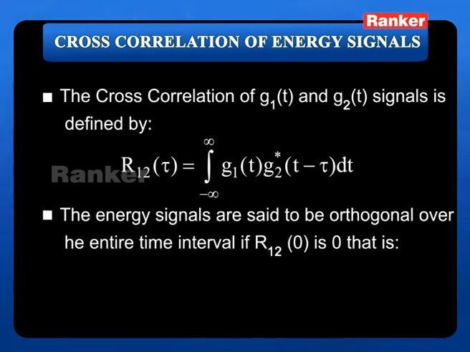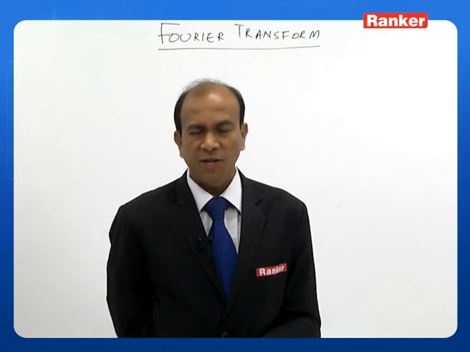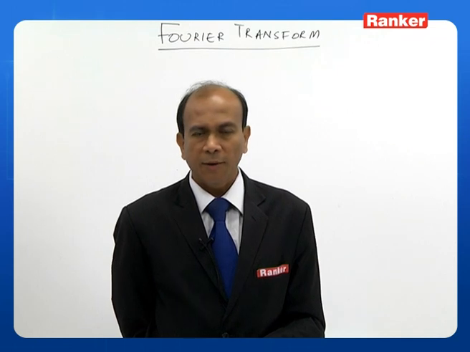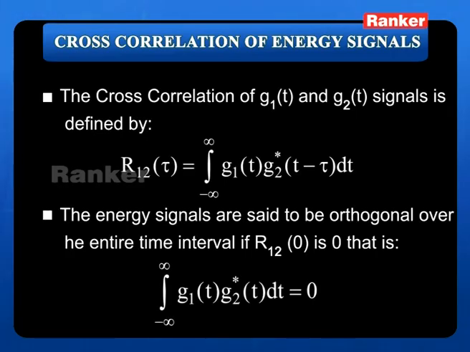Now, two energy signals are said to be orthogonal over the entire time interval if R12 of 0 is 0. That is, the cross correlation function is 0 at tau equal to 0, then they are said to be orthogonal. That means the integral from minus infinity to plus infinity of g1 of t g2 star of t dt is equal to 0.